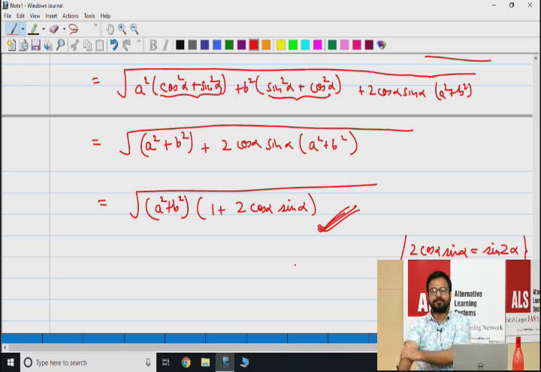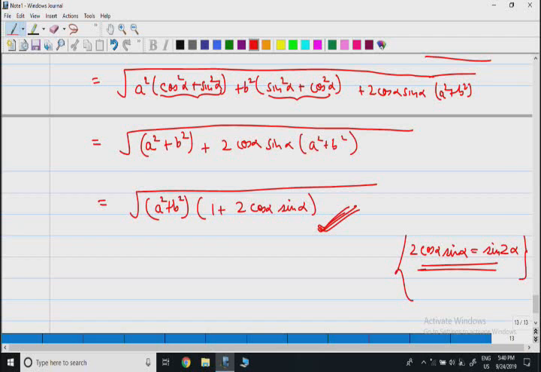Sonu, is this clear? No. You can't take a square plus b square out of the root because there is no whole square on a square plus b square.